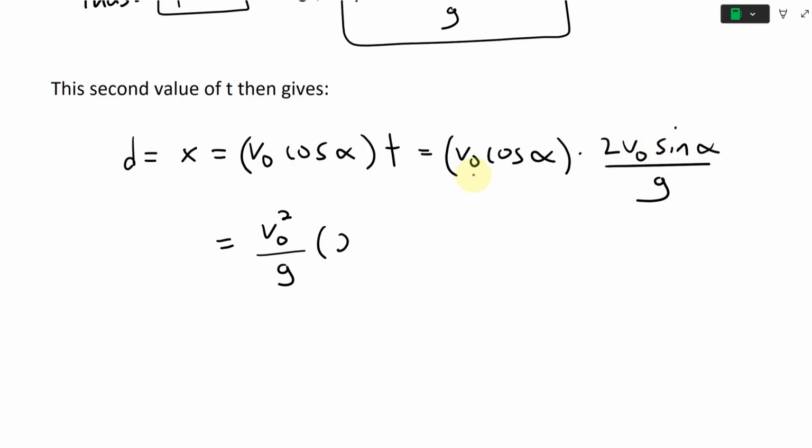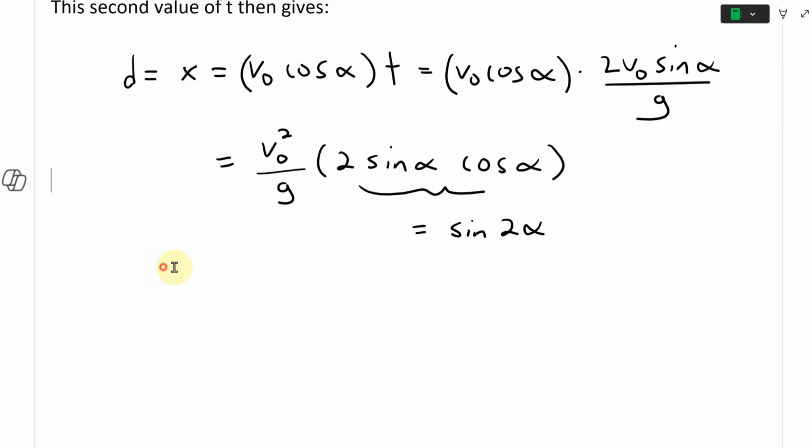The reason I put it like this is because we already know the identity for this. This is 2 sine alpha cosine alpha, and the identity, which I proved in my earlier video, equals sine 2 alpha.